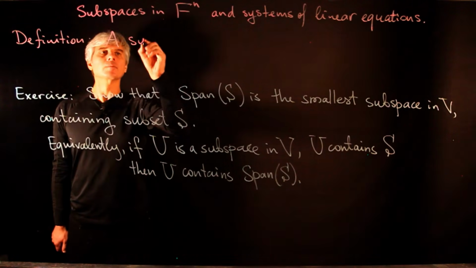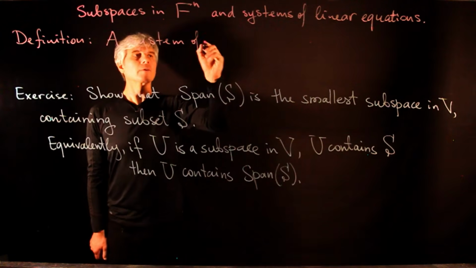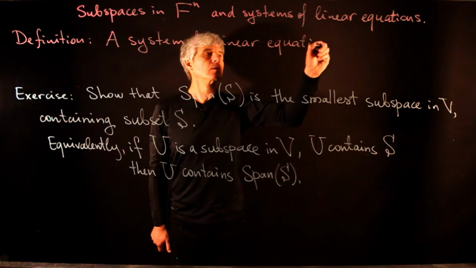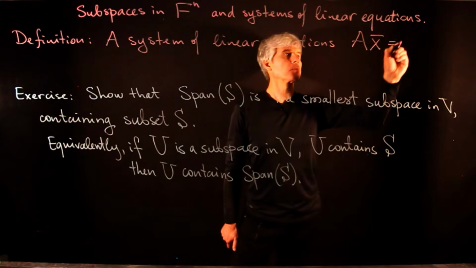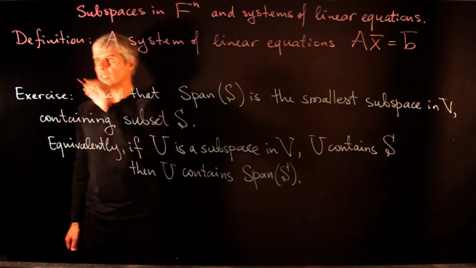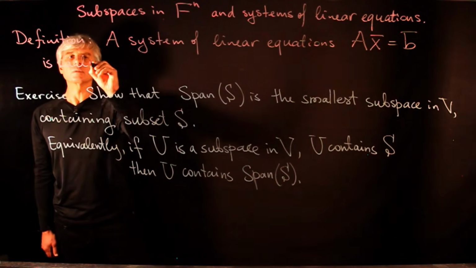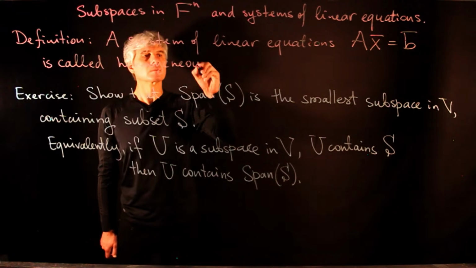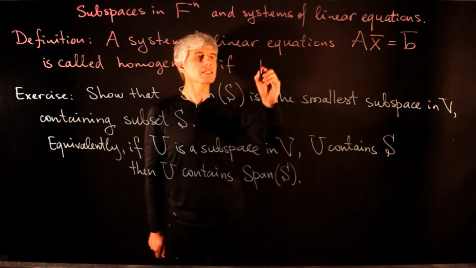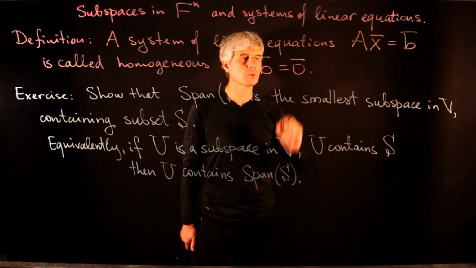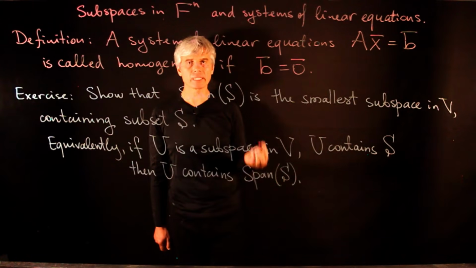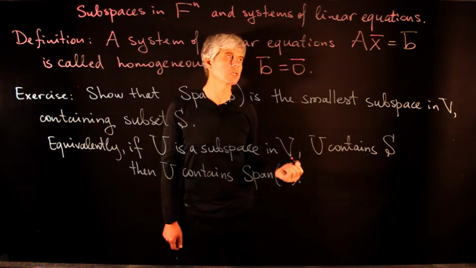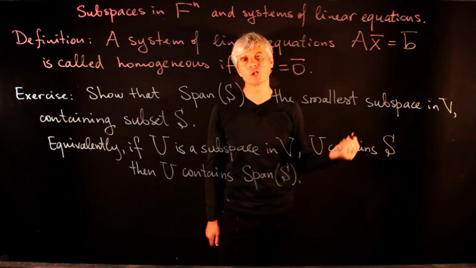A system of linear equations AX is equal to B is called homogeneous if the right-hand side column B is equal to 0. So this means that we have a system of linear equations with all right-hand sides being 0 scalars. So in this case, such a system is called homogeneous.